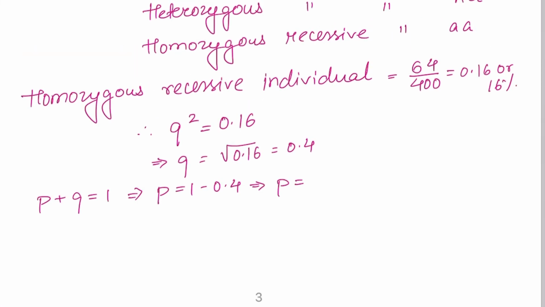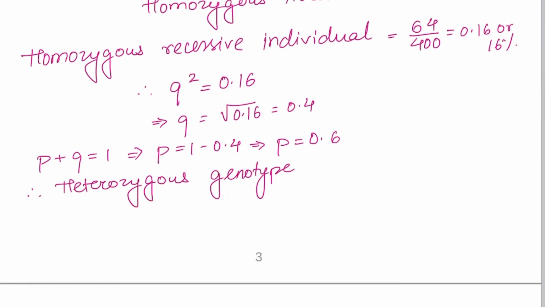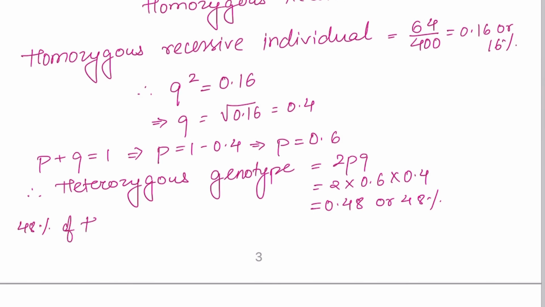Then q square is 0.16, with q equals 0.4, and p we already got as 0.6. For the heterozygous genotype, using the formula 2pq, we get 2 into 0.6 into 0.4, which is 0.48 or 48%. So 48% of the population are heterozygous, the tasters.